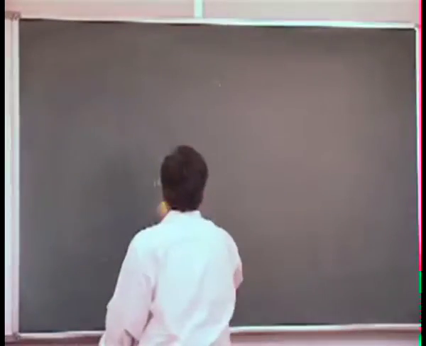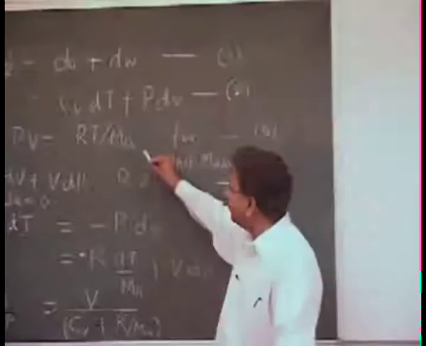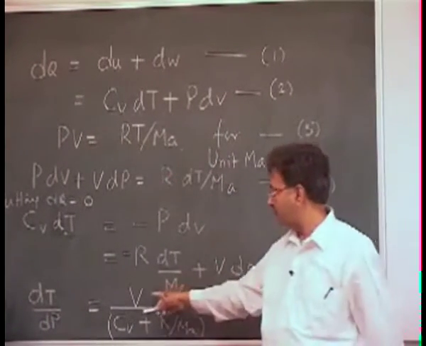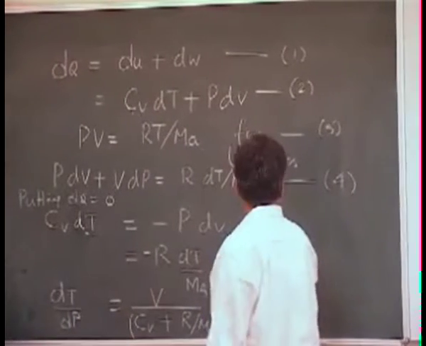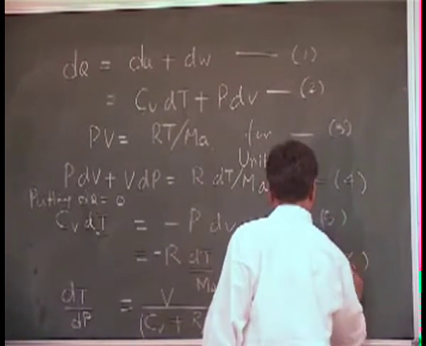I again use my same relationship here, and I can replace the value of V from here. Let's give it numbers: this is 5, this is 6, this is 7.